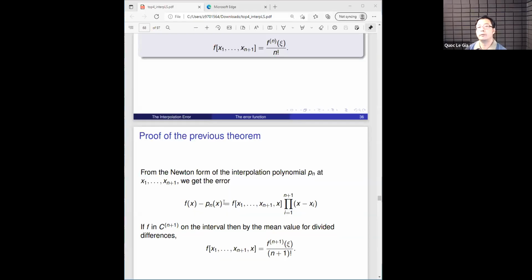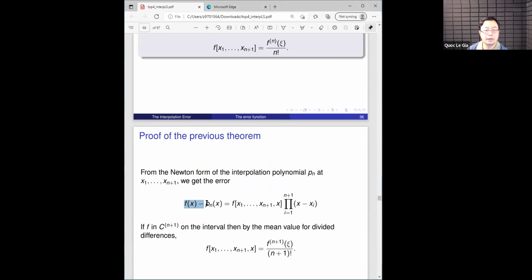So now if I go back to the slide, you see that we have f of x minus Pn of x equal this divided difference over x1 up to xn plus 1 and the extra point x, multiplied with the product of x minus xi, where i runs from 1 to n plus 1.